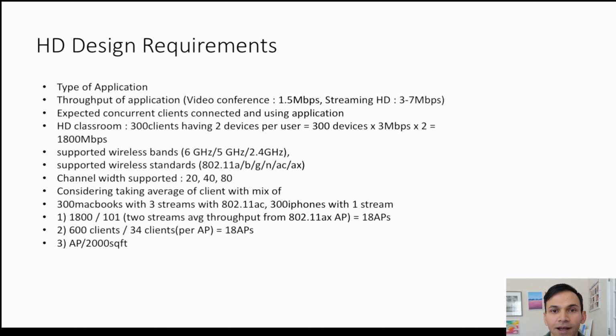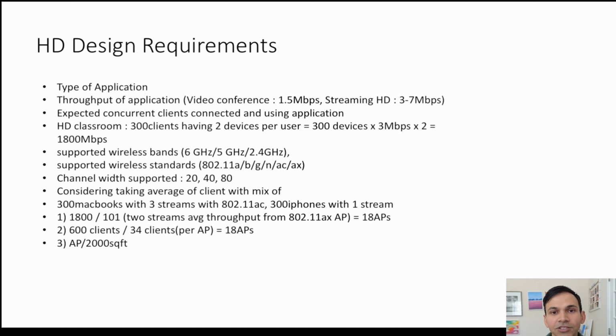MacBooks versus iPhone. And on top of that, there are different ways that we can calculate the number of APs. The way that I like is to take the total number of clients that you have, divided by a magic number that I have come up with, 34, to provide that number of APs.